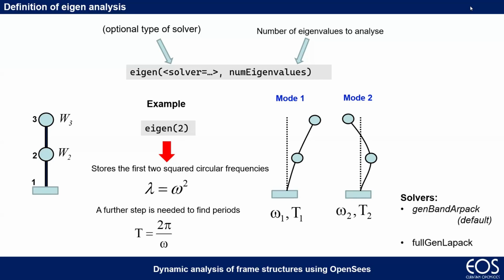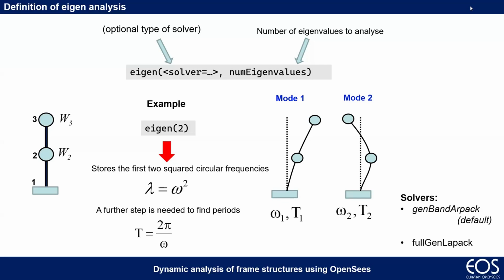Not all the eigenvalues, eigenvectors, but all minus 1, okay? If you want to compute all the eigenvalues, you have to use full LAPACK, okay? That is way slower. So it's just up to you. The default one is useful for, I think, 99% of the cases.